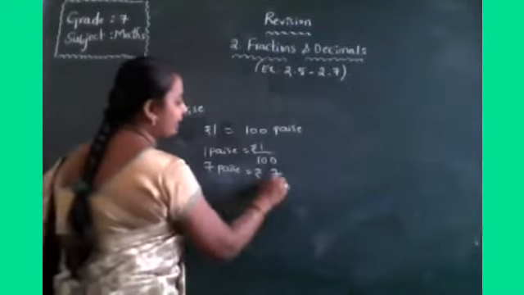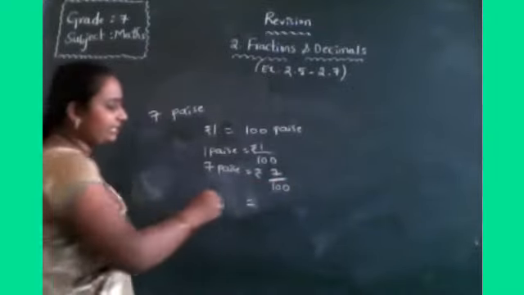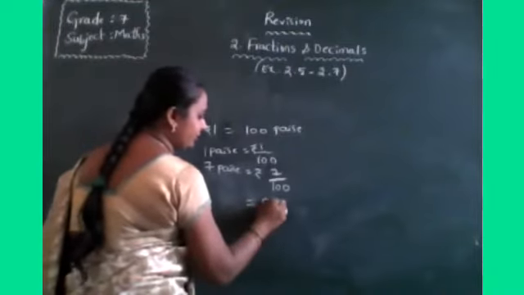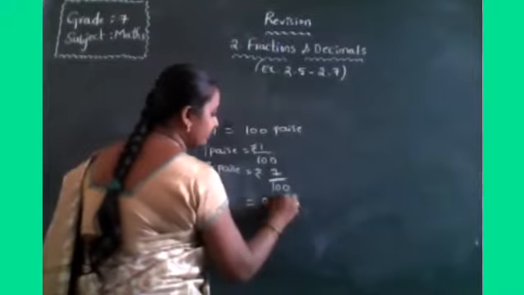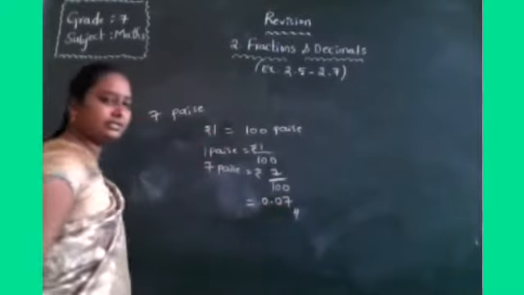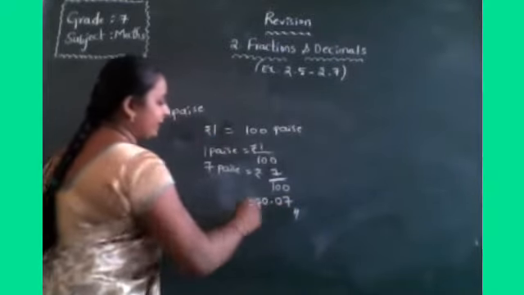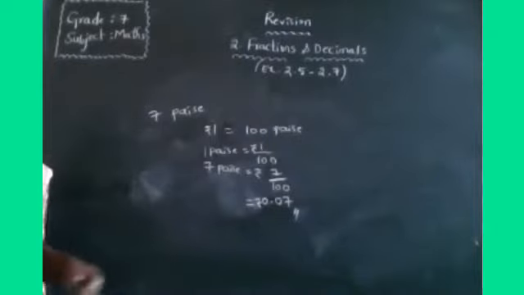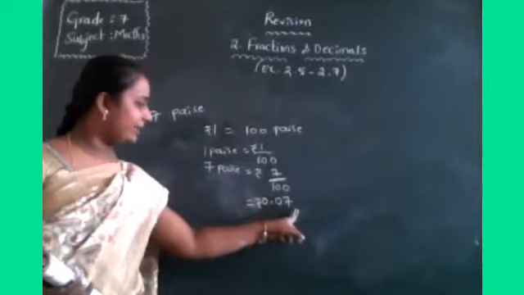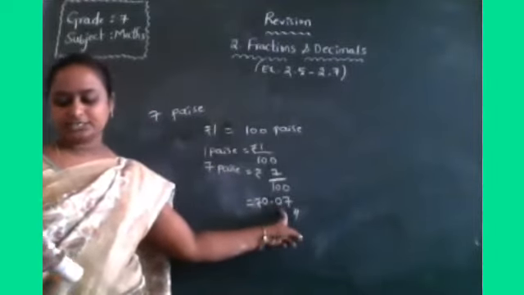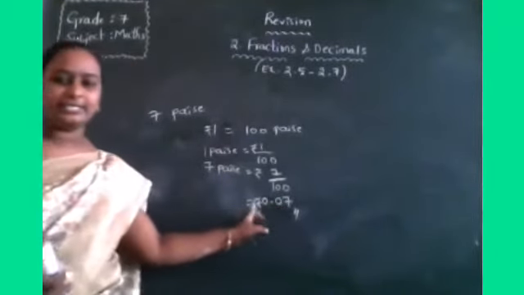So point after 2 digits. So then we have to give 0.07. So that is rupees 0.07. Again you have to write the fraction, that is 7 by 100 or 0.07. Okay now children, is it clear?